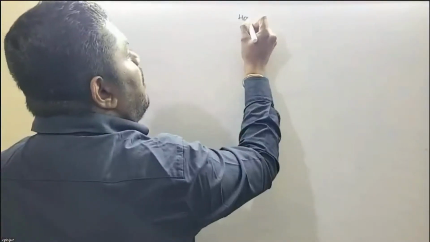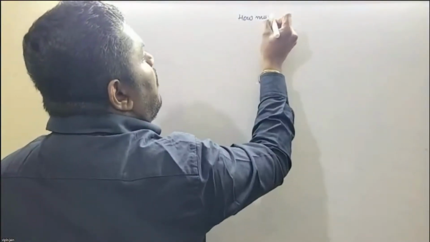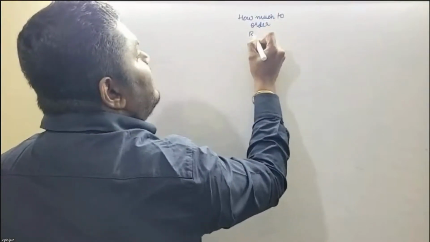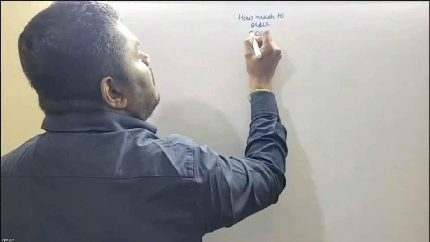So guys, let's start with the first point of setting quantitative levels, that is how much quantity to order. We call it the reorder quantity.